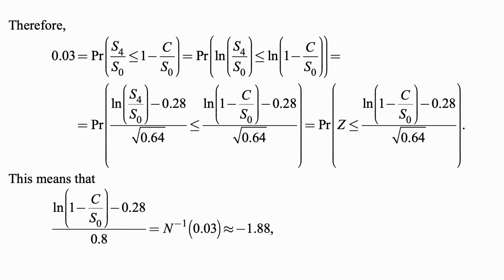But we're looking at the standard normal distribution. That means that the expression on the right-hand side, Z is less than or equal to, must be equal to the inverse image under the cumulative distribution function of the standard normal of 0.03, or the third percentile of the standard normal distribution. We can look it up to be negative 1.88.